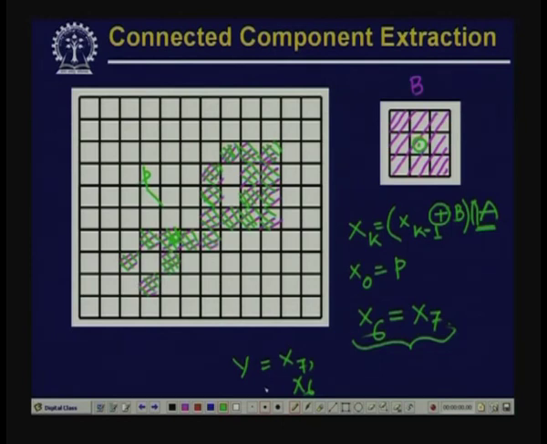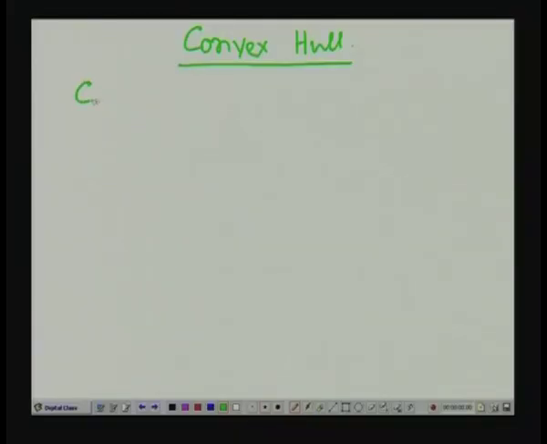So, the next algorithm that we are going to discuss is what we call the convex hull. When we talk about convex hull, the first thing that we have to see is what is meant by a convex set, or what we understand by a set to be convex.